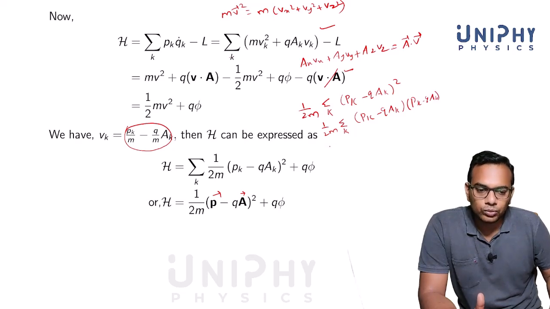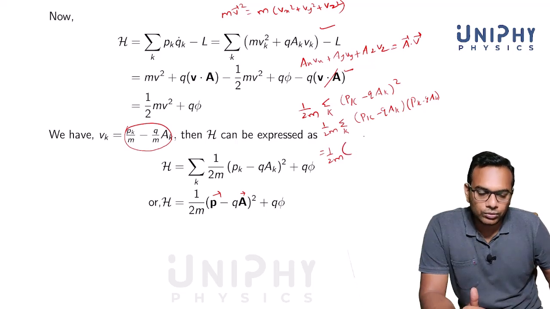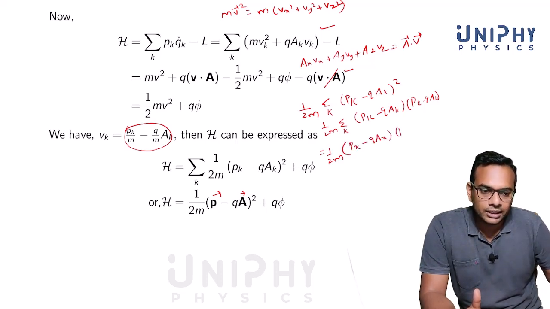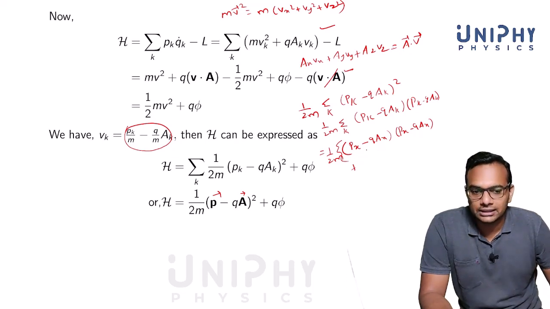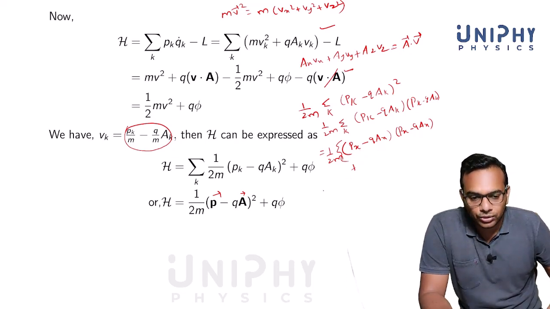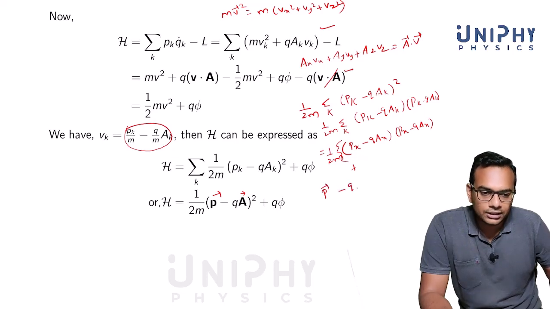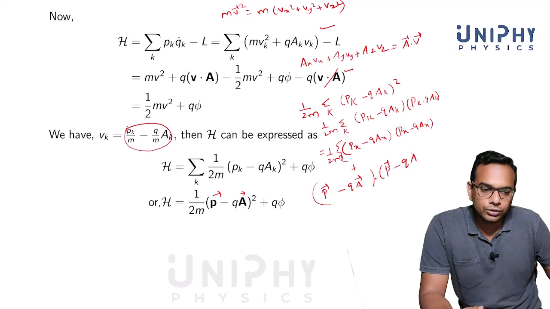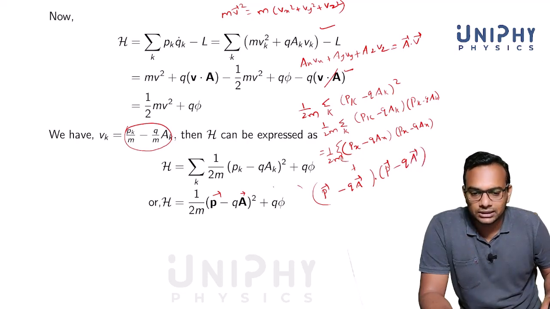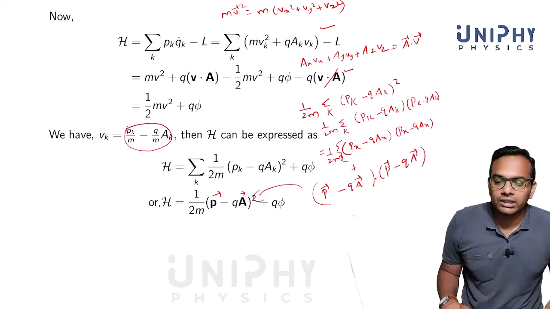And this means that one term would be Px minus Qax multiplied by Px minus Qax, plus Py minus Qay multiplied by Py minus Qay, etc. What is this? It's simply the square of the vector, P vector minus Qa vector dot P vector minus Qa vector. So we can write it as P vector minus Qa vector square plus Q phi.